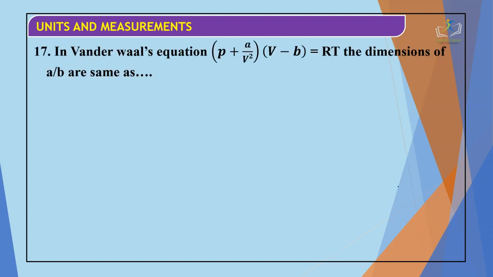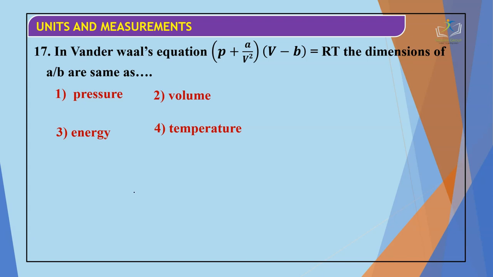17th question. In a van der Waals equation, (P plus a by V squared)(V minus b) equals RT, the dimensions of a by V are the same as we have to calculate. The options are pressure, volume, energy, temperature.